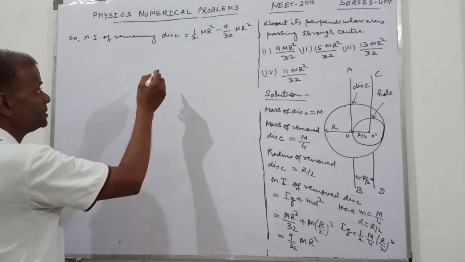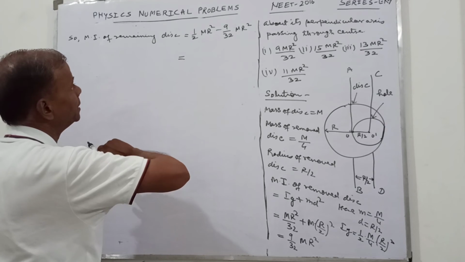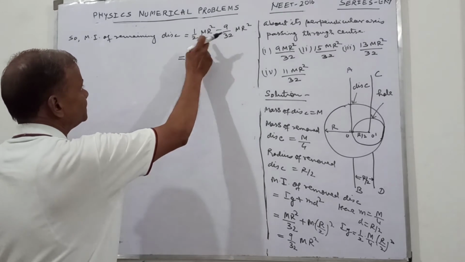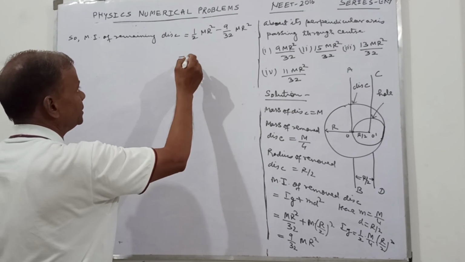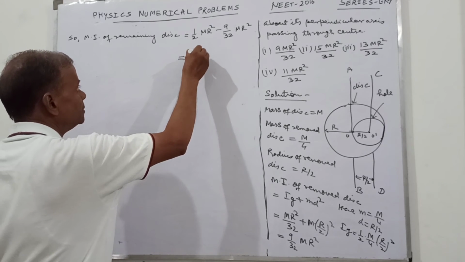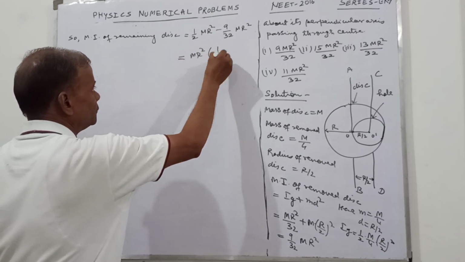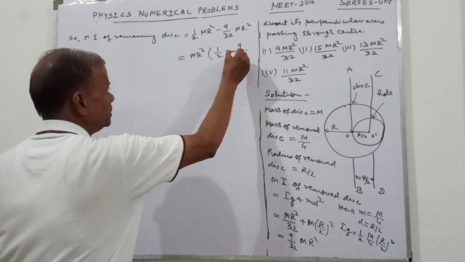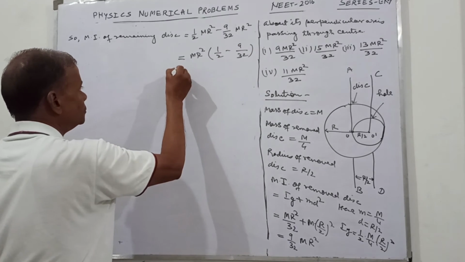Now you just take mr square common: this is 1 by 2 minus 9 upon 32.